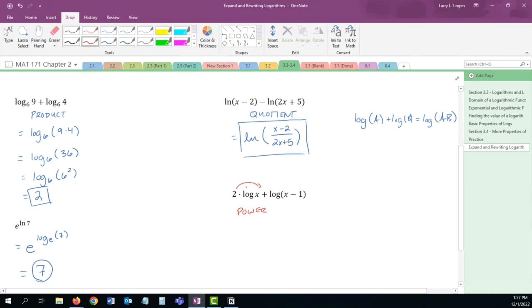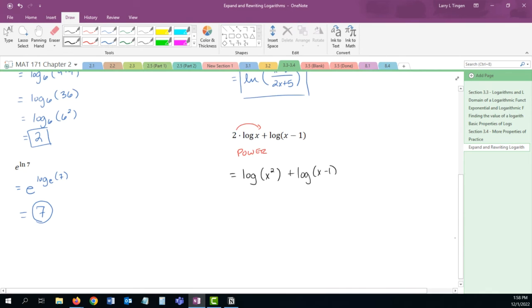Well, the power rule says that if I have a coefficient, then I can rewrite that coefficient as the power of the argument. And now I've got the sum of 2 logs with the same base. Now I get to apply the product rule.